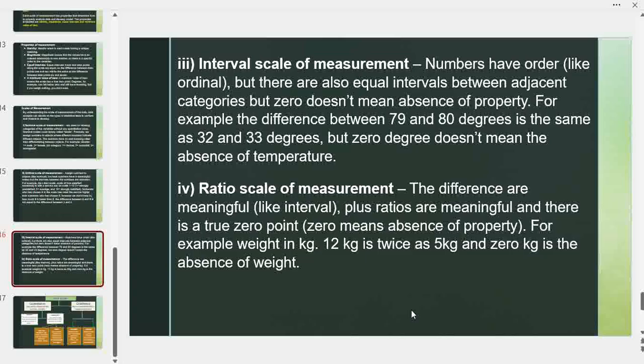And that is true because 0 means absence of the property. For example, a weight of 12 kg is twice 6 kg, and 0 kg means absence of weight.